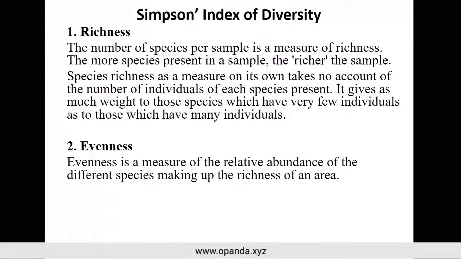Evenness, put smaller n there: a measure of relative abundance of different species making up the richness. Let me annotate like this. Evenness is represented by smaller n, while richness I can represent by big N.